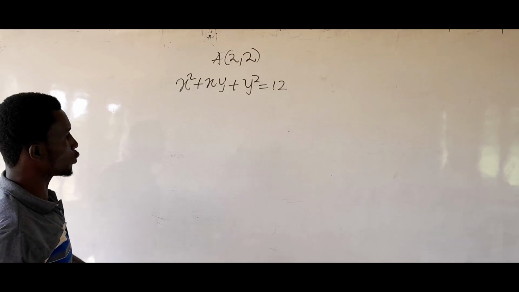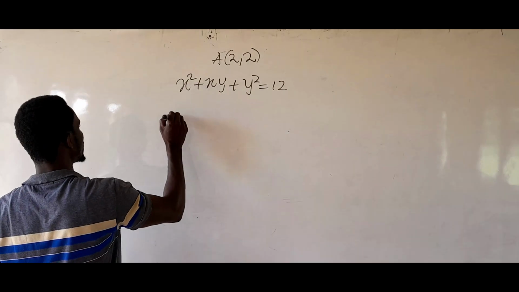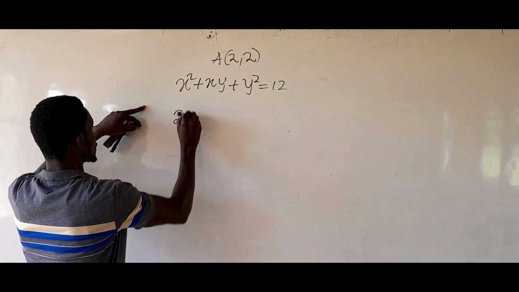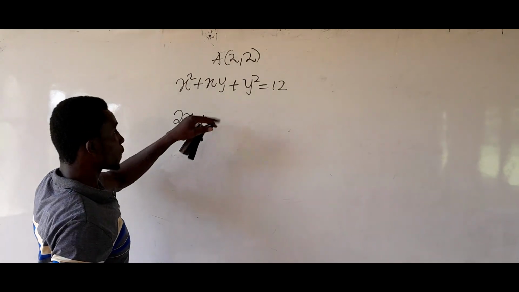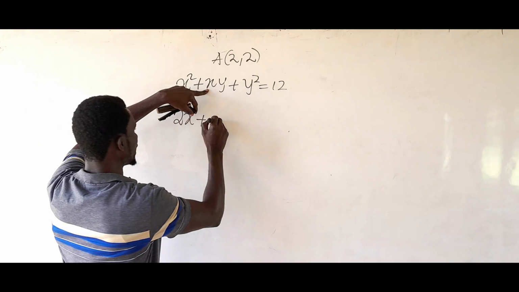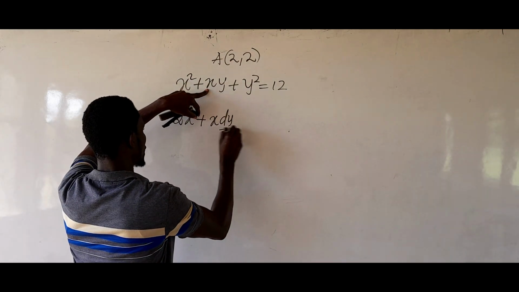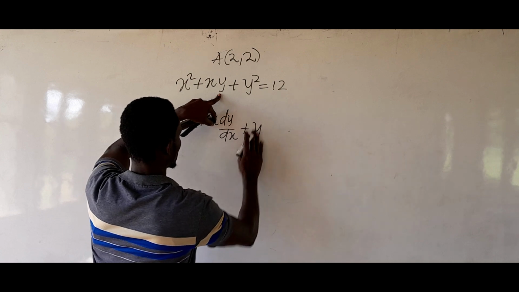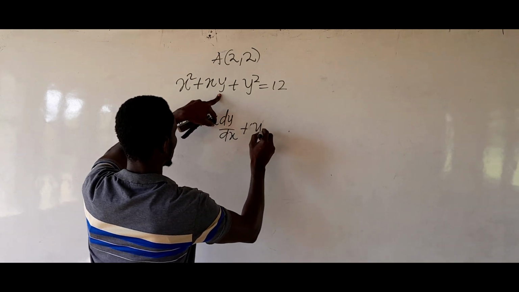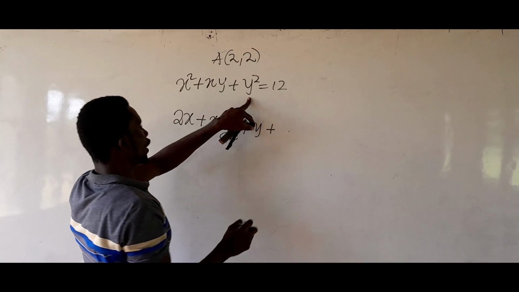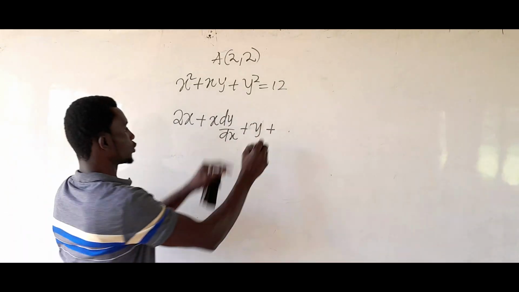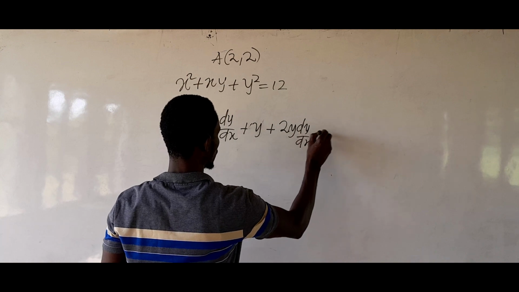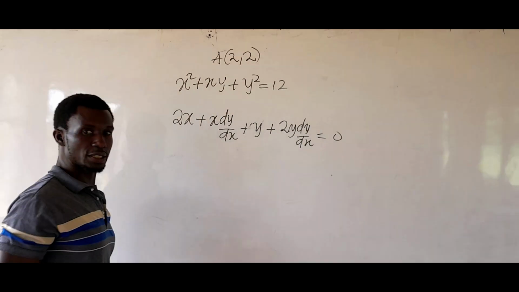So what you do is implicit differentiation. You differentiate and get 2x, and always when you differentiate y, you write dy dx. Then plus, if you differentiate y squared, you get 2y dy dx, equal to 0 because differentiation of a constant gives 0.